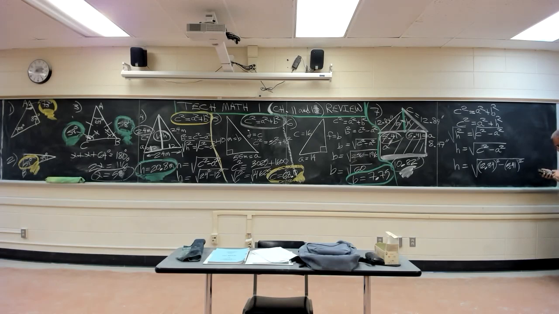Let's go 12.84 and square it. Subtract 5.41 rather. Okay, that makes sense.